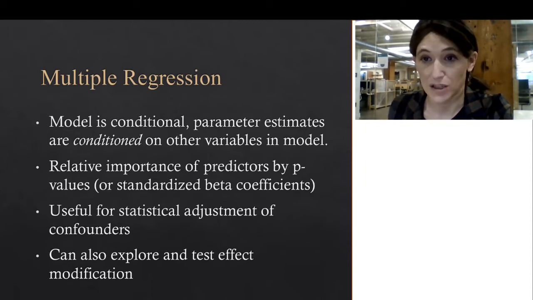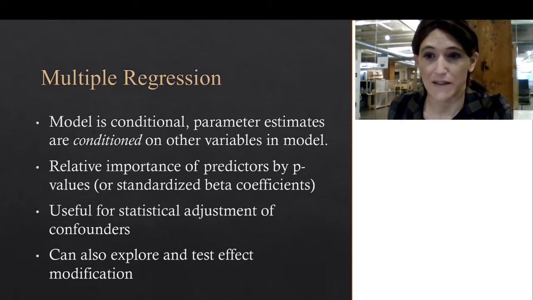So once we've conditioned it on the presence of age or conditioned it on differences in sex or whatever it is that we're measuring, that parameter estimate is taking into account those other variables, which is very different than what we've done so far, which is purely bivariate analysis, where we're saying this is the effect of this variable on outcome. We can somewhat assess the relative importance of our different independent variables by the p-values.